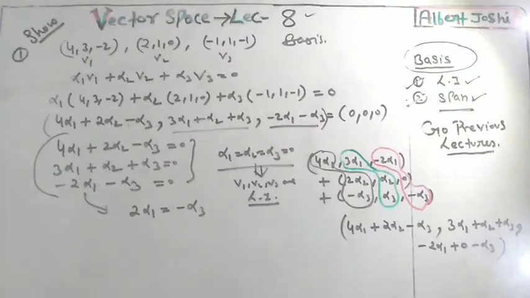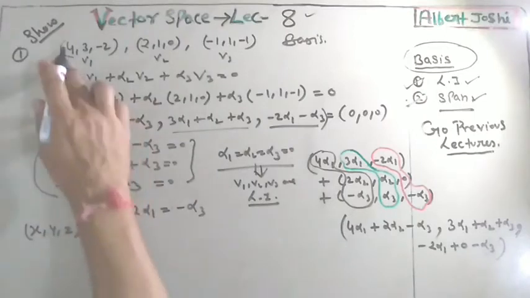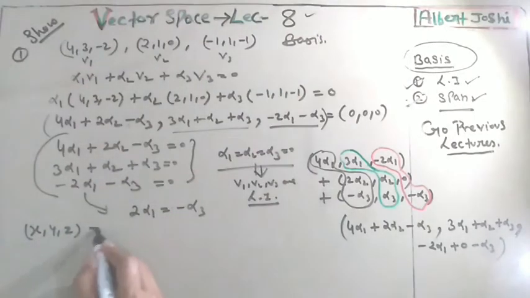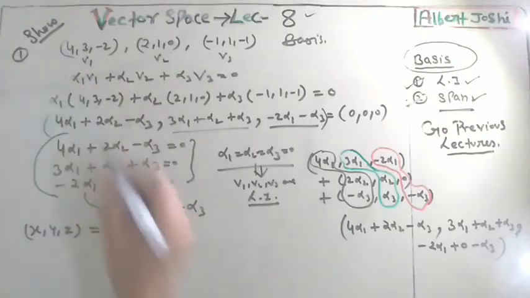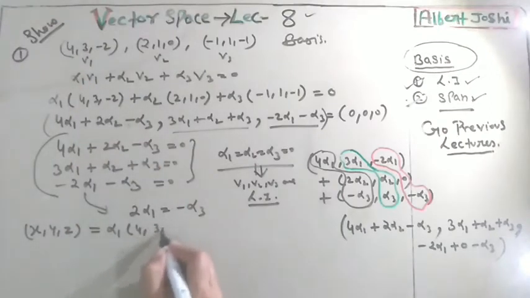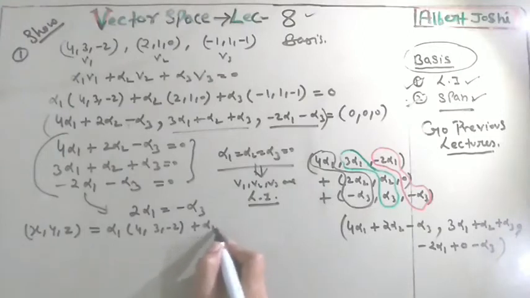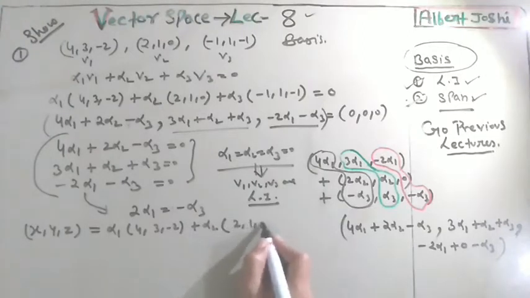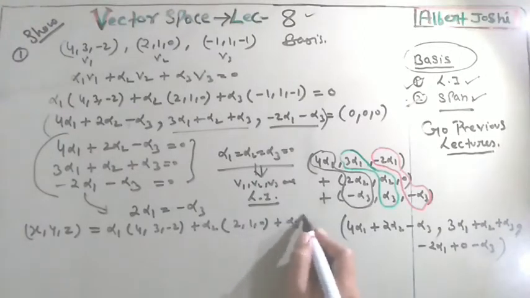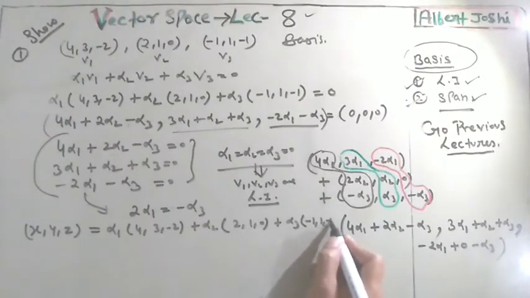For spanning, what will you do? You will take any vector. We have to generate any vector by the help of these vectors. So alpha 1 times V1, which is (4, 3, minus 2), plus alpha 2 times (2, 1, 0), plus alpha 3 times (minus 1, 1, minus 1).